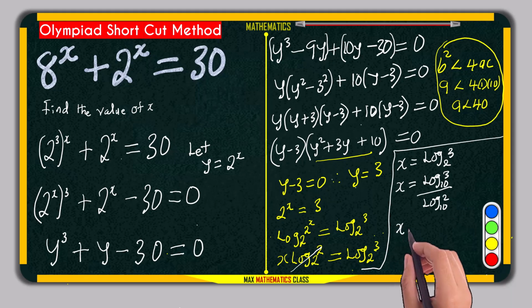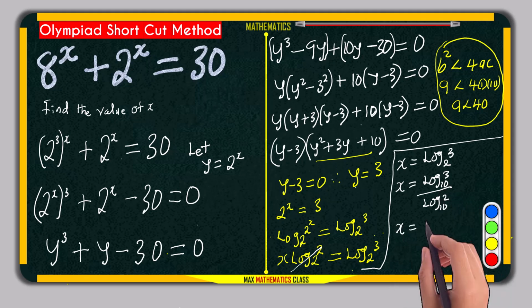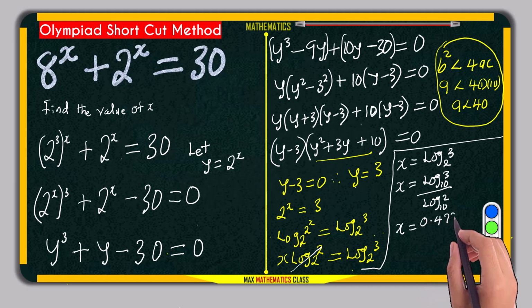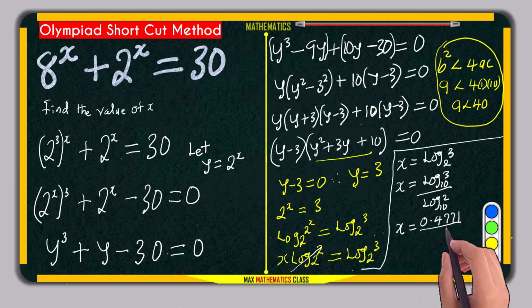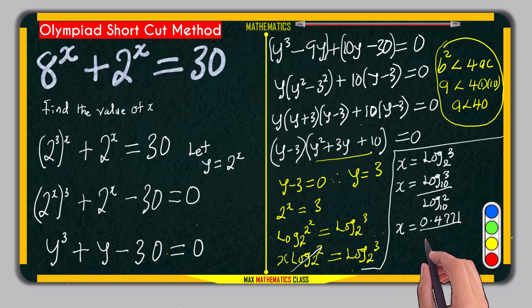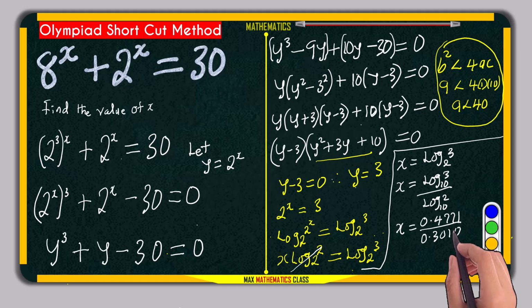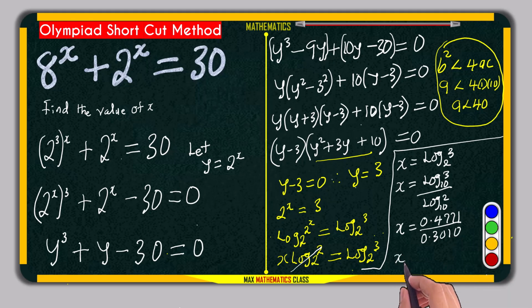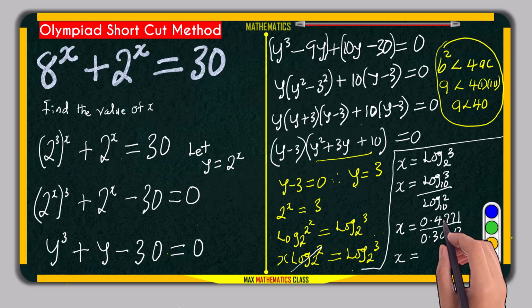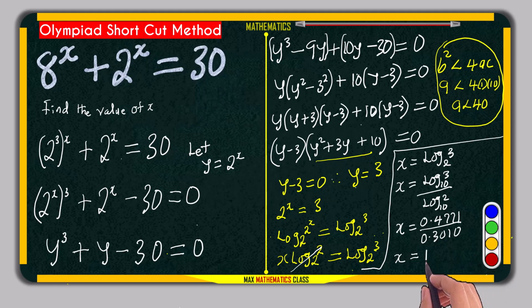You know that log 3 to base 10 is 0.4771, over log 2 to base 10 is 0.3010. If we divide this, we are going to get 1.585, and that will be the value of our x.